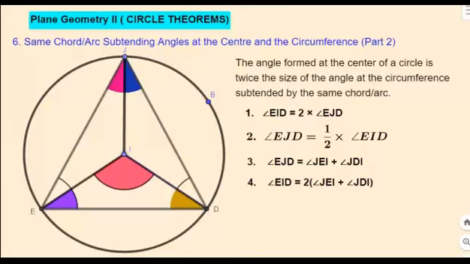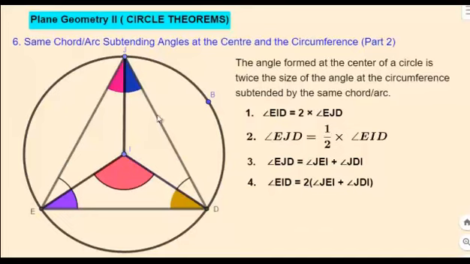So we get angle EID equals 2 times the sum of these angles, that is angle JEI plus angle JDI, all multiplied by 2. That's why you see the 2 in front here.